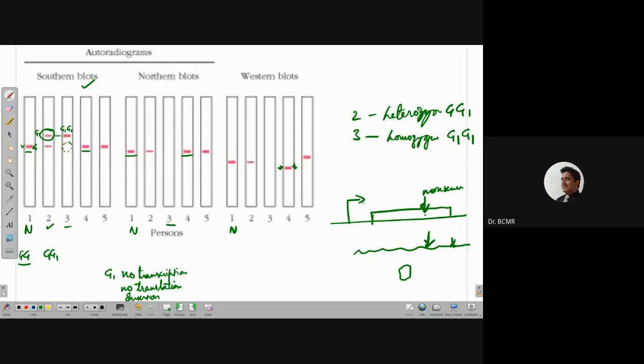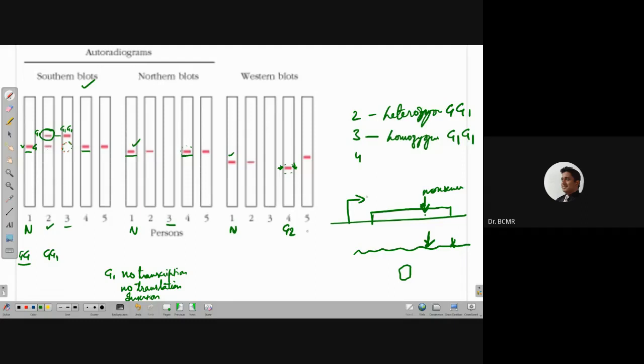So this is a new allele. We will call that G2. And you don't see anything else. The mRNA band intensity here is equal to that of the normal one, and the protein intensity is also similar to the normal one.